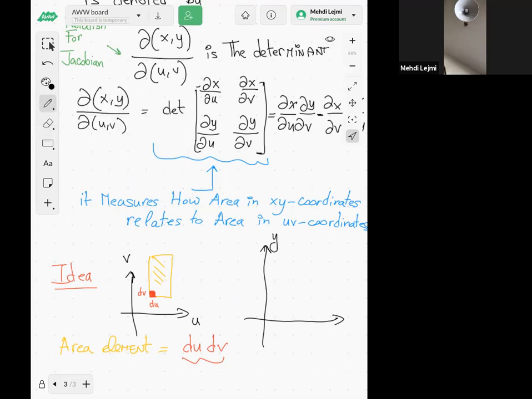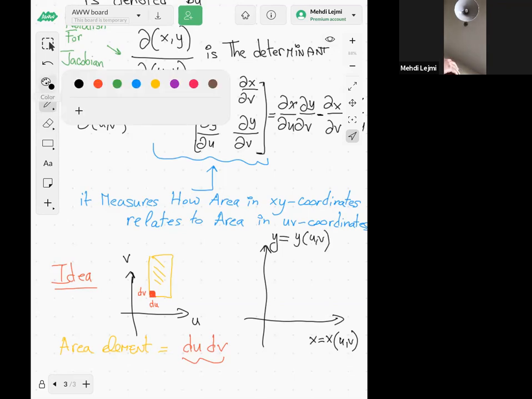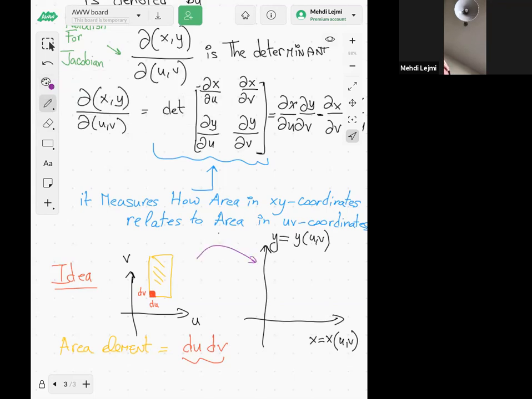Now you do some transformation T to this rectangle, or whatever region you have, and you get some new region, let's say some parallelogram. This is the image of your rectangle.